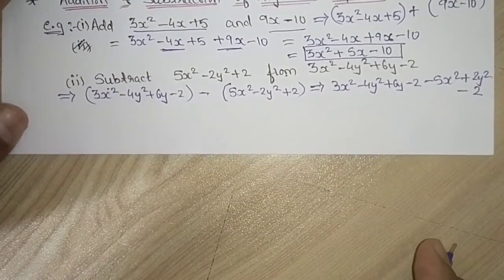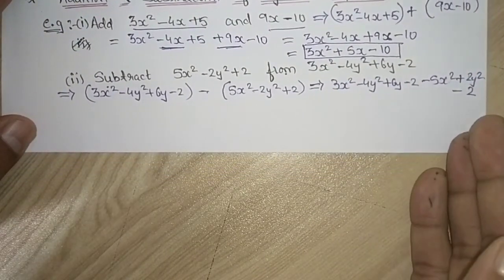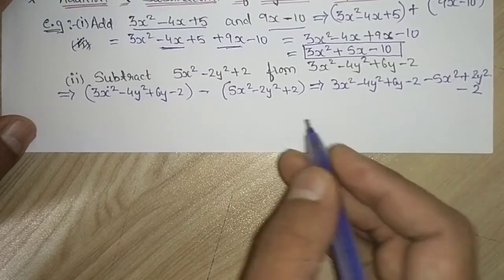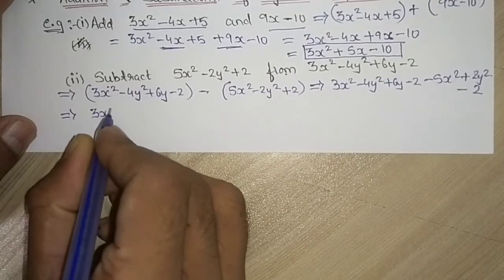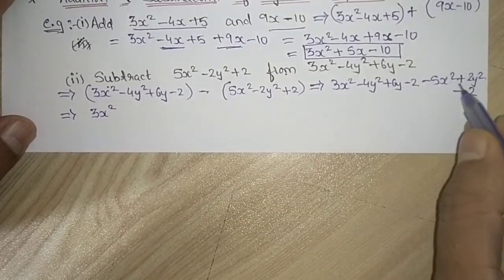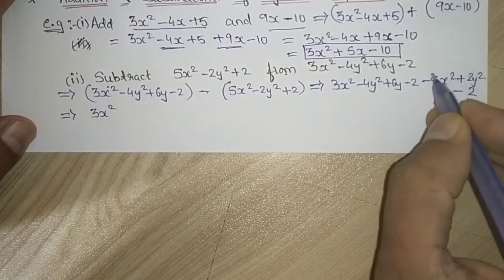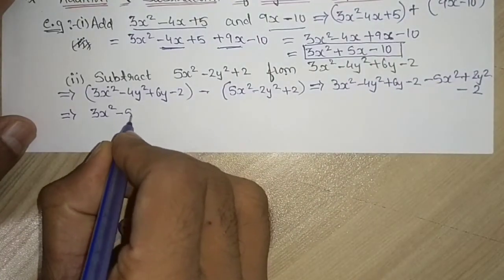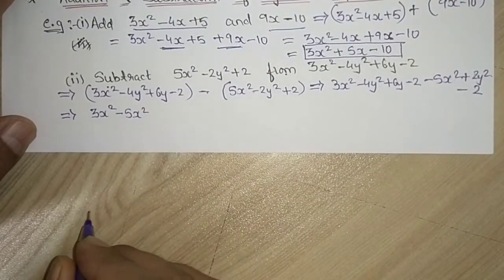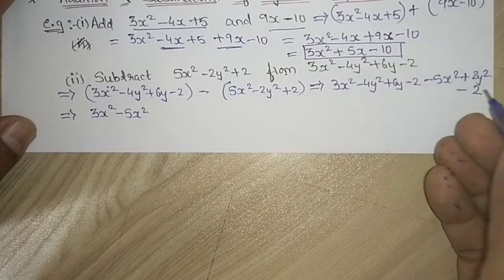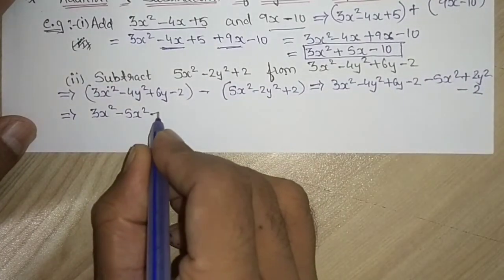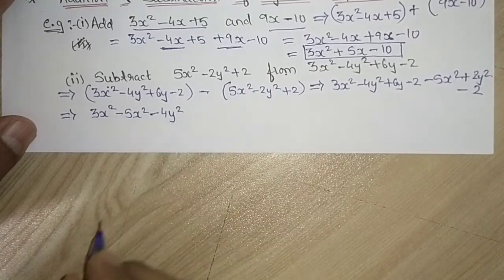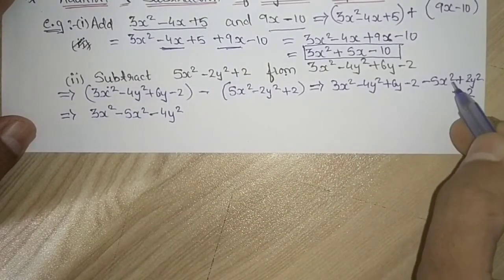Now what is the next step? Bring those terms which are like terms together. So I will see 3x square. Is there any other x square? Here it is, I will take it next to the previous term. Any other x square? No. Now I will take y square, that is minus 4y square, and look for other y square.